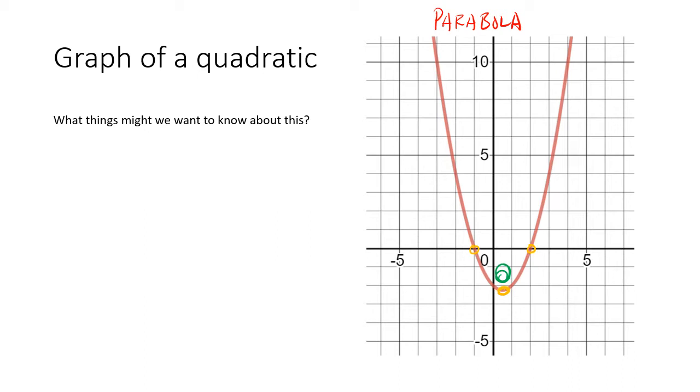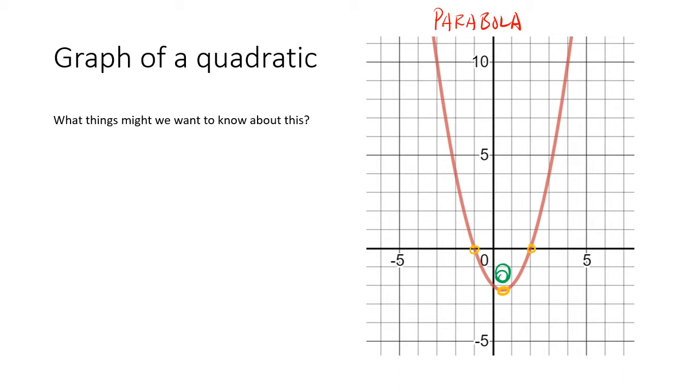And that focus is related to how wide or skinny a parabola is. When we talk about parabolas in the context of conic sections, the focus is the main thing we really want to know, the location of the focus with respect to the vertex.